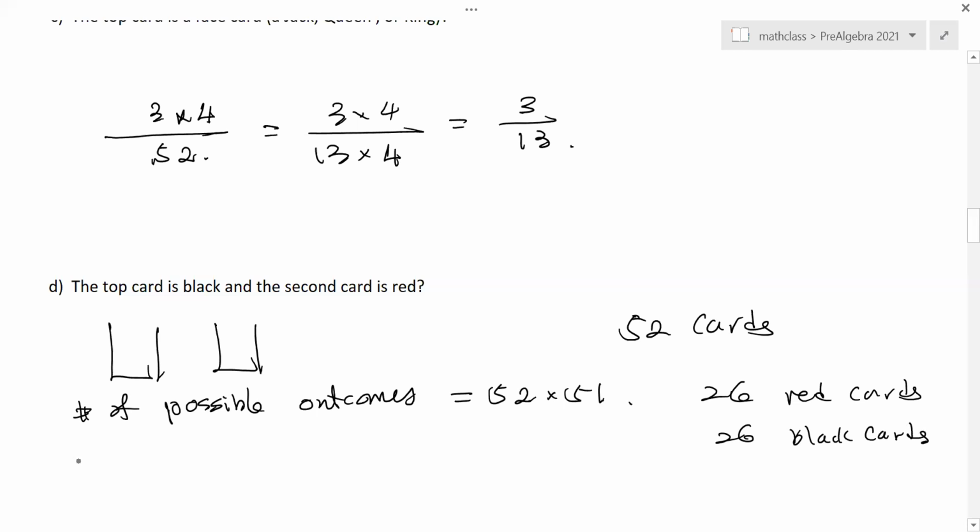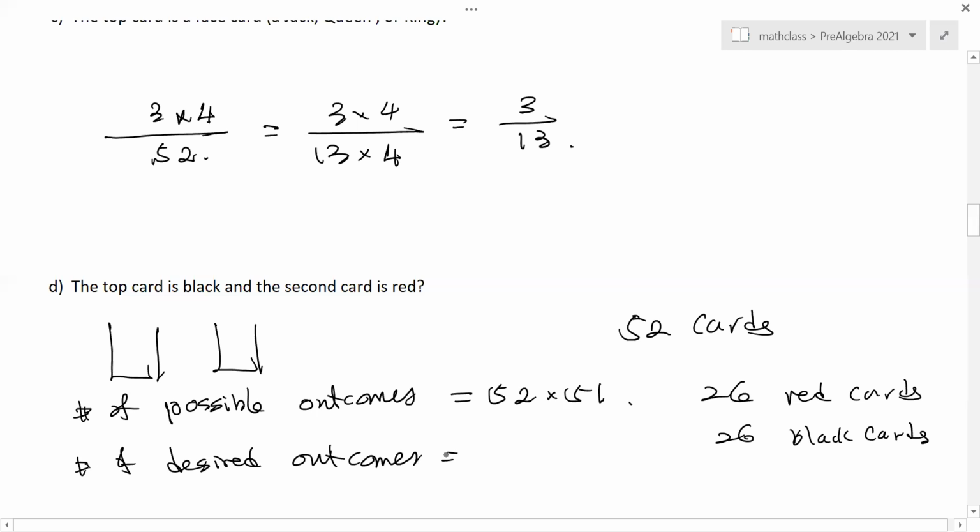So for the number of successful outcomes, you're going to get a black card, but only from this set of 26 black cards. So it's 26 choices.